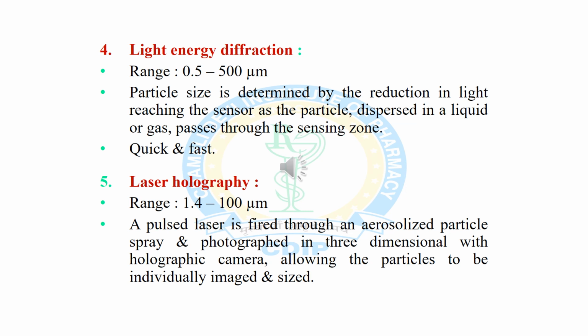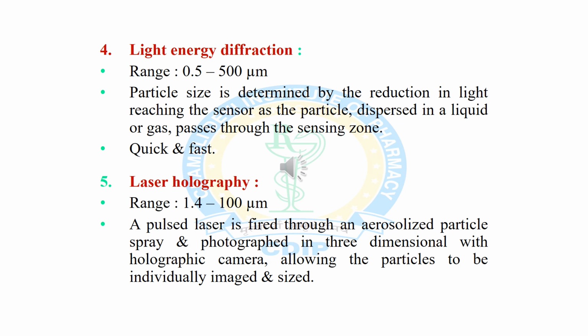Some other methods include light energy diffraction, in which 0.5 to 500 micrometer particle size can be determined. Particle size is determined by the reduction in light reaching the sensor as the particles dispersed in a liquid or gas pass through the sensing zone. This method is quick and fast. The Coulter counter is an example of this method.